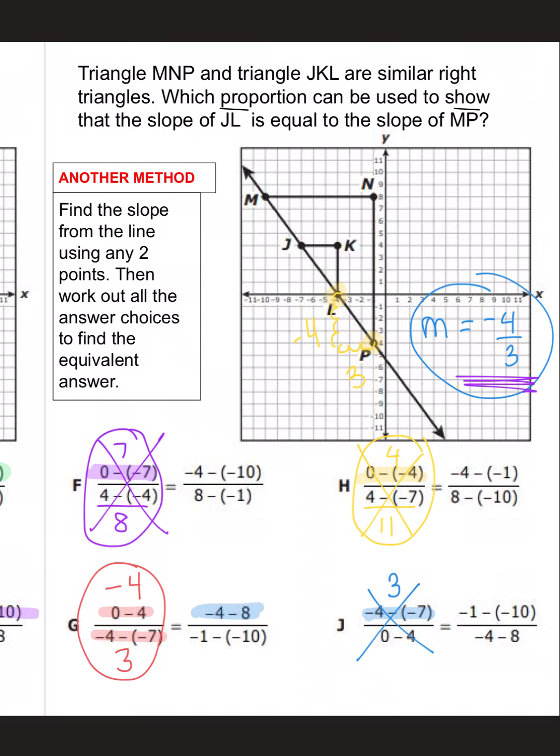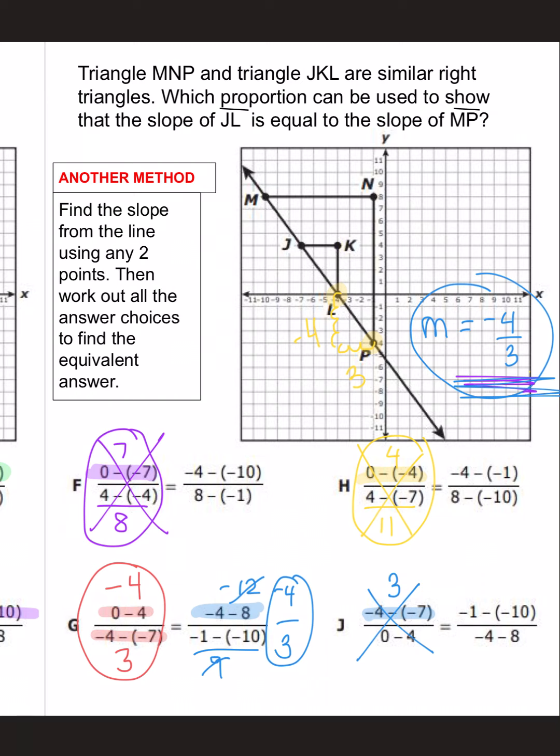Here I have -4 minus 8, that's -12. Then I work the other part, and that's going to be -1 minus -10. That gives me 9. So when I simplify this side, that will give me -4/3. So these two have the same slope as the line using those 2 points that I chose.